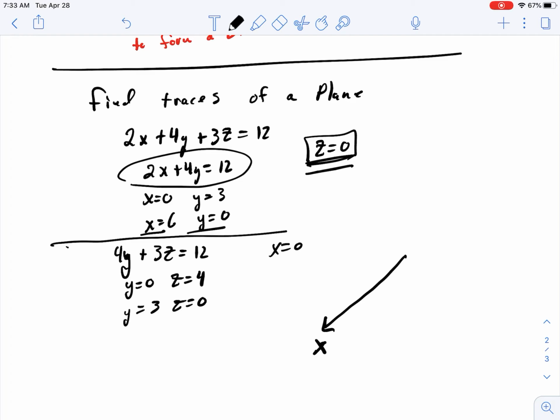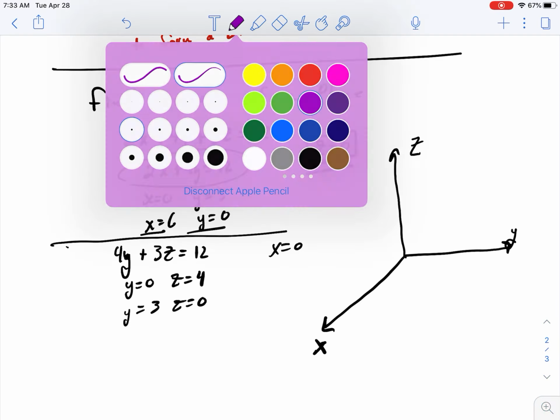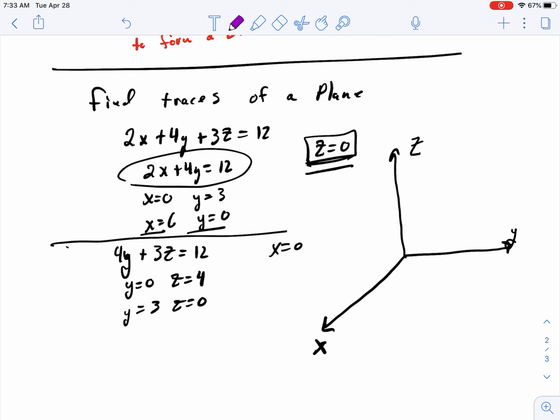Okay, so let's draw this out. So here's my x, z, and y. Let's come back where z is 0. That would mean y would be 3.